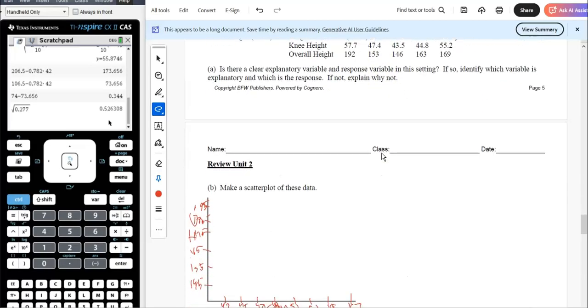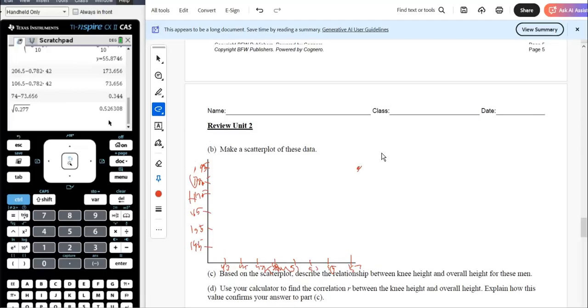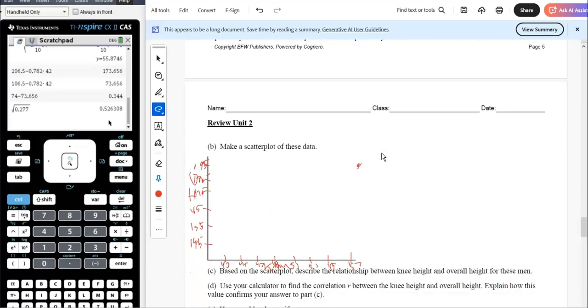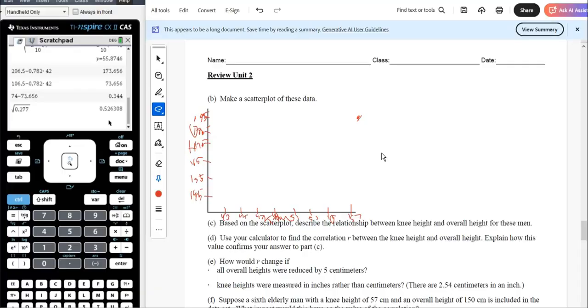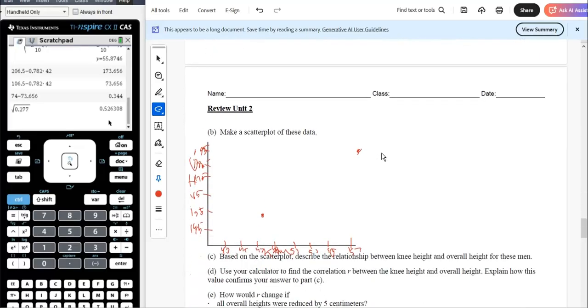So 57.7 and 192. Somewhere up there. 47.4, 153. 43.5, 146.